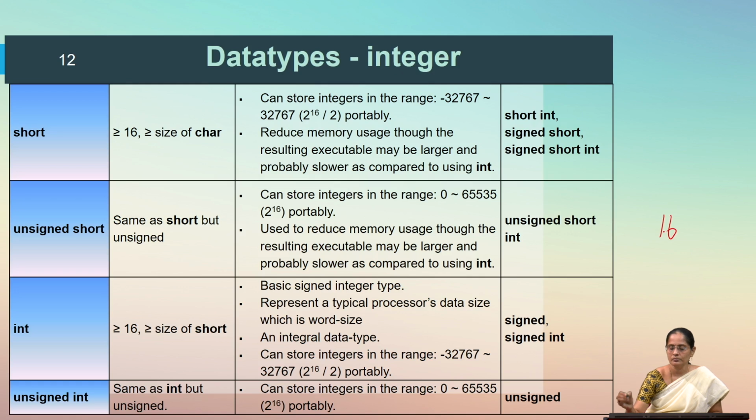We can declare this short type as short int, signed short int or signed short, in any way you like. Generally, if the size of the integer type is going to be 16 bits, I can go with the number range from minus 32,767 to 32,768, which includes the values in the range 2 power 16.